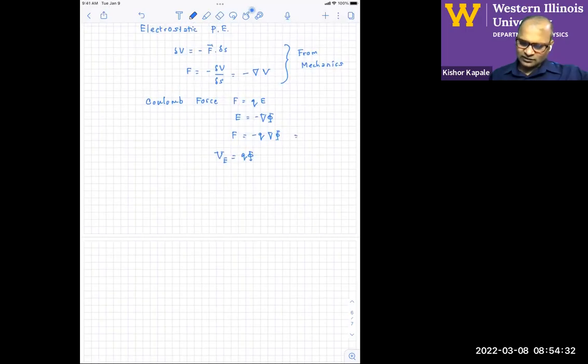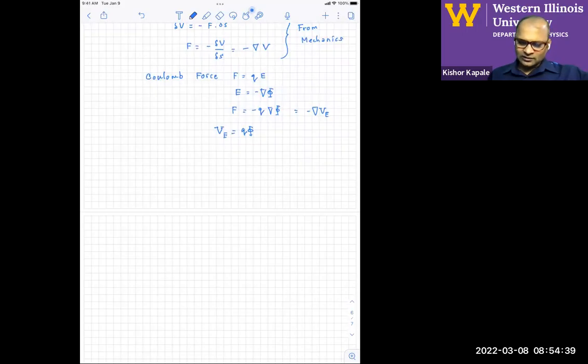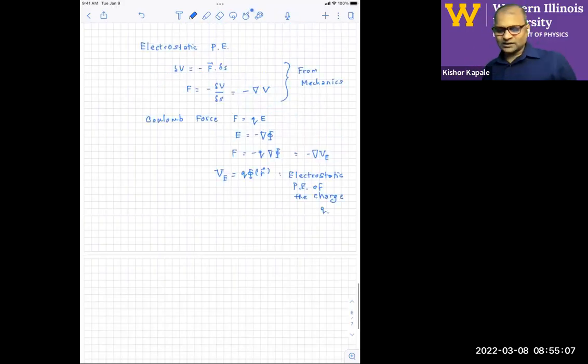F is equal to negative gradient of V_E, right? And so you connect those two, and the electrostatic potential energy is going to be this, the electrostatic potential energy of the charge Q. So you can figure these things out just from analogy with mechanics and how things work there.